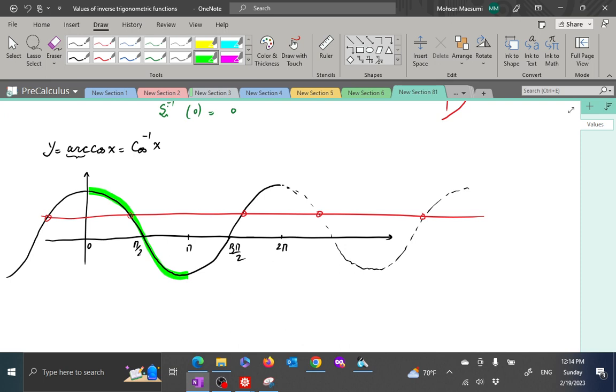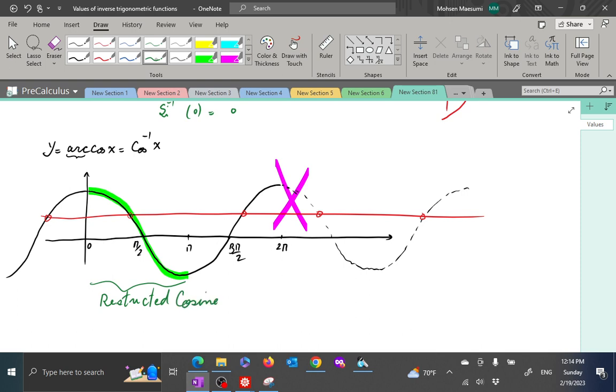Every horizontal line at most has one intersection with this thing. So everything else is out of the picture. We are taking the rest of this graph and crossing it out, and what is left here, from here to here, we are going to call restricted cosine.